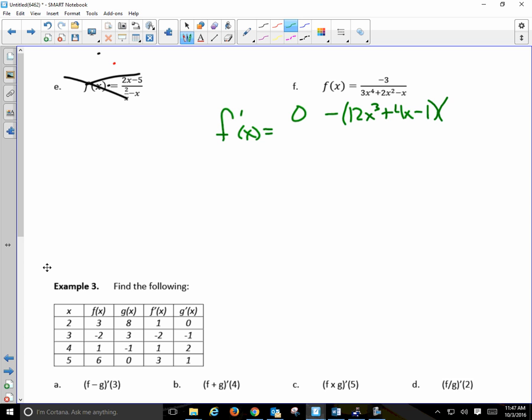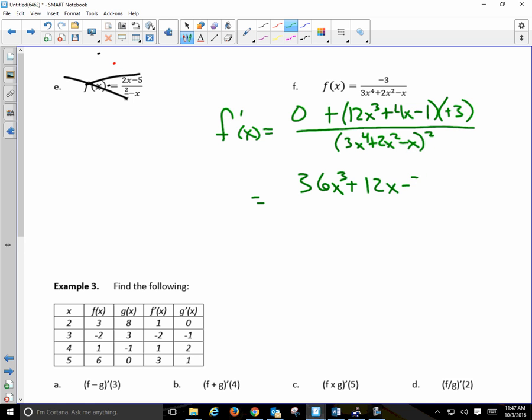Times, all over that quantity squared. So I've got two negatives here. It's going to make a positive, so I get 36x to the third plus 12x minus 3 over that 3x to the fourth plus 2x squared minus x quantity squared.